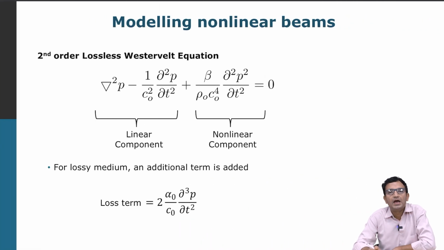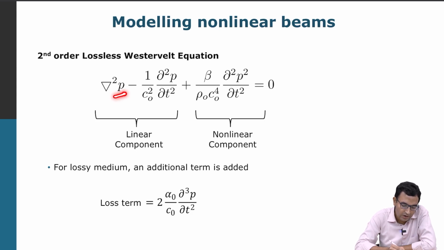Now, how do we analyze this nonlinearity? We can model it. There are several models so that we can figure out what these beams do. One model is called the second order Westervelt equation. Here we are talking about the lossless Westervelt equation.